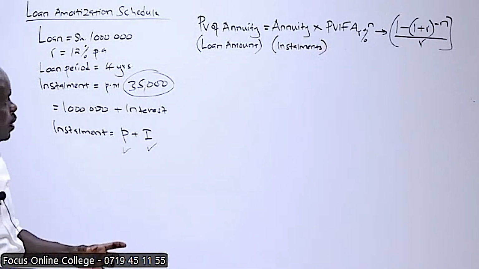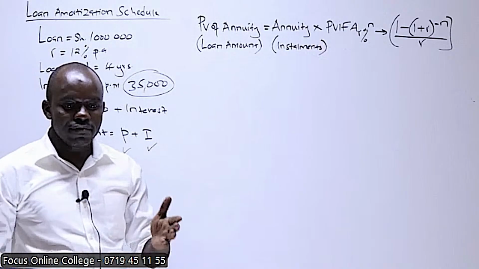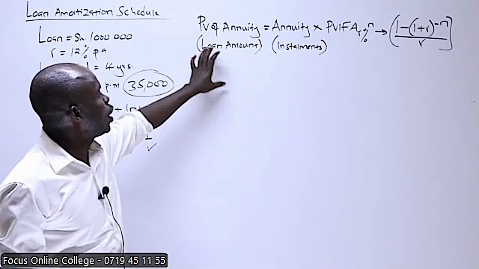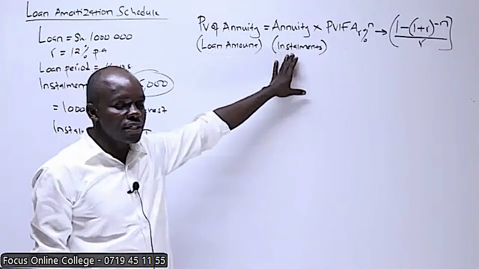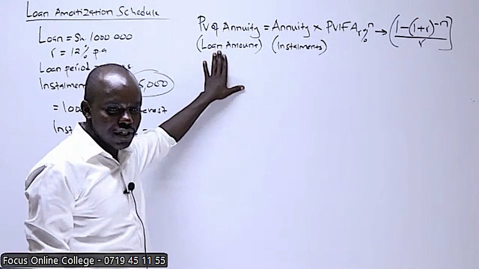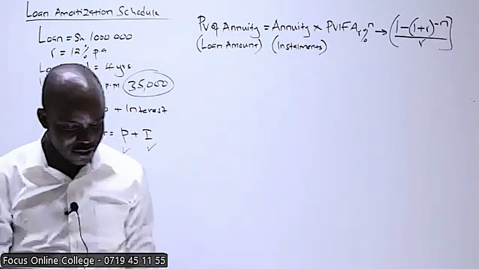So in short, we are saying the present value of the installments gives us the present value of the loan. The loan amount is equals to present value of installments.